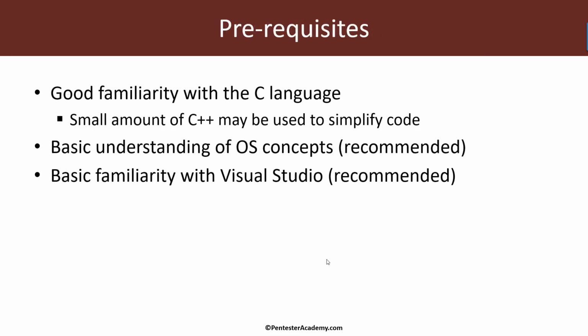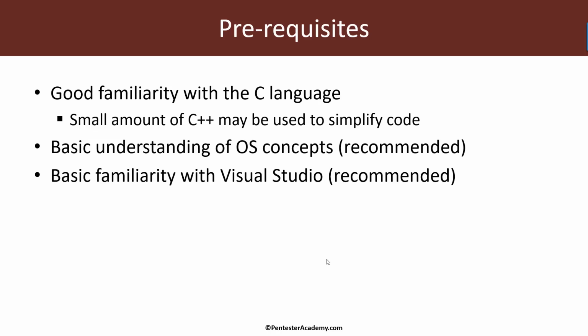However, there are some prerequisites which are needed for this course. The only one that is really mandatory is a good familiarity with the C language. There's really no way around it. If you don't know how to program in C, please look at some tutorials, do some basic coding. There's really no way to handle C and the Windows API in one go. And so this is sort of mandatory.